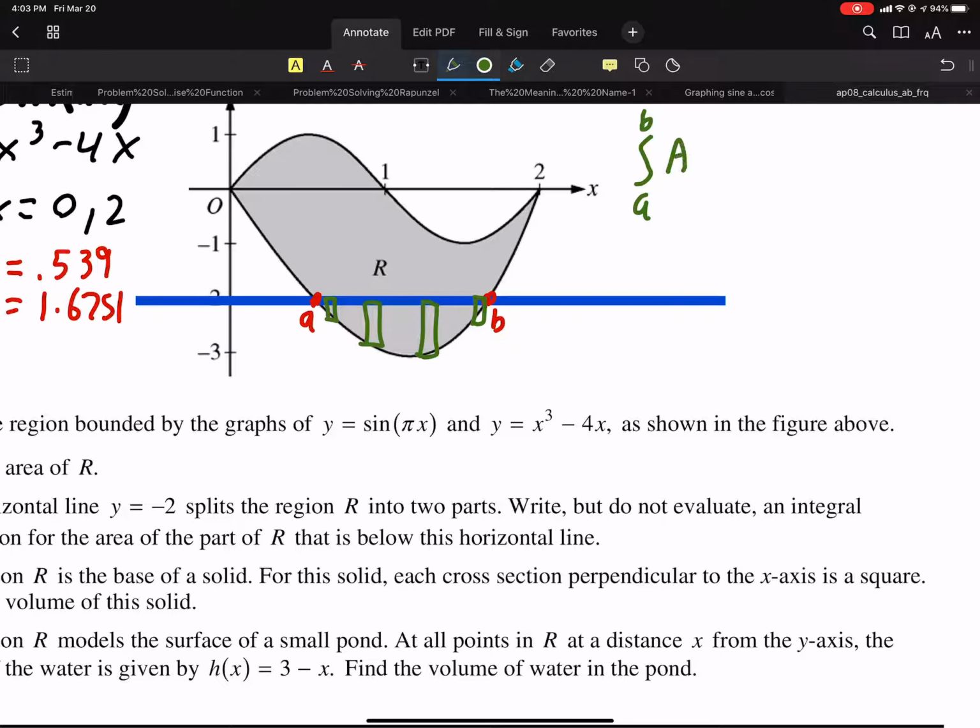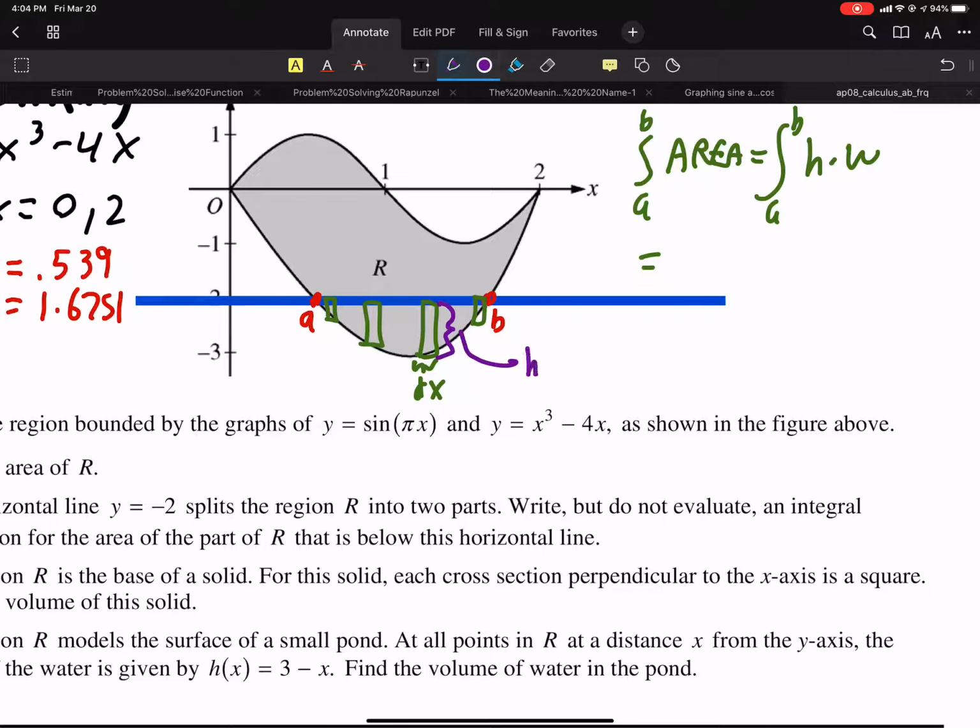We want to add up all the areas, and the areas are going to be the height times the width. Now clearly the width of that is going to be a change in x. The height, let's see, I'm going to use another color, purple.